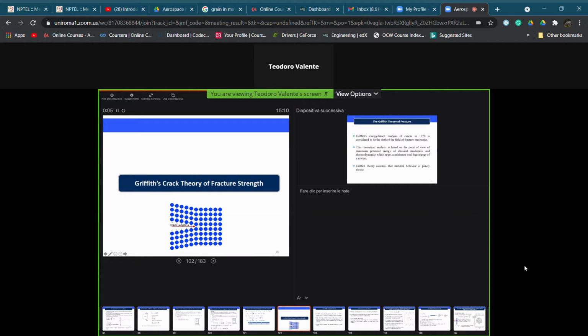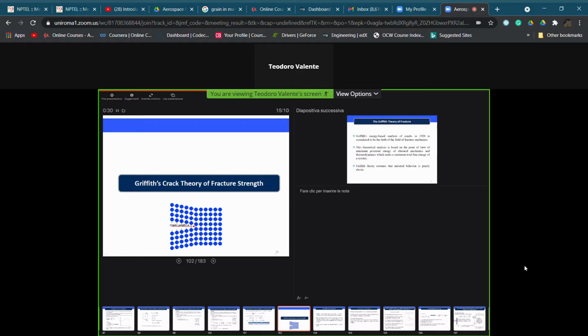Okay, so we were discussing fracture mechanics, and we have finished the approach which is based on stress evaluation. There is also another approach, which is based on an energetic approach.